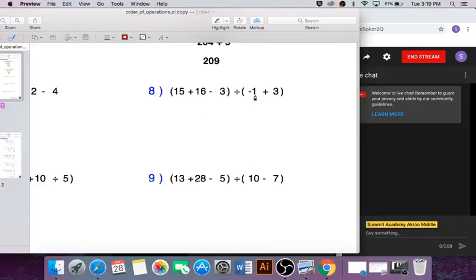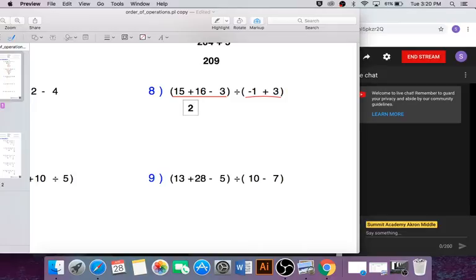This one again, we have 2 sets of parentheses, so we're going to solve what's in this set and solve what's in this set. So here we have addition and subtraction, so from left to right we're going to solve it. So we have 15 plus 16 minus 3 is 28.